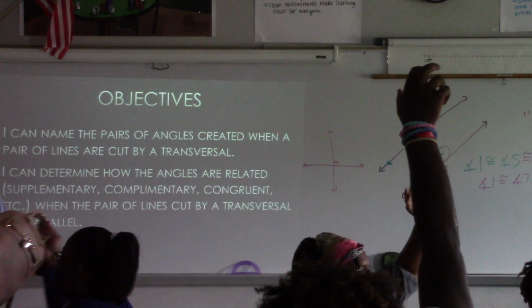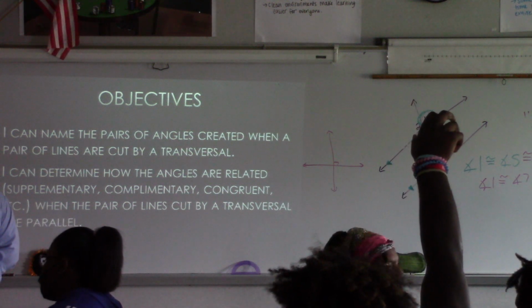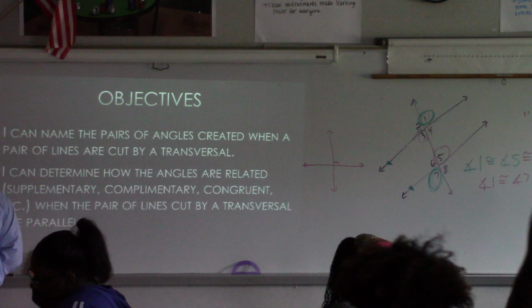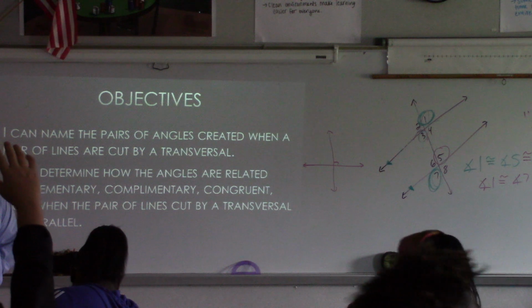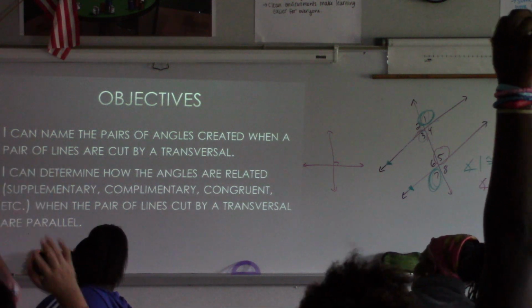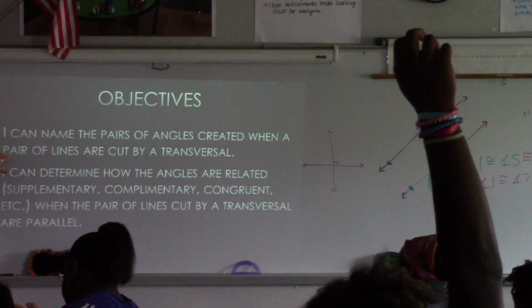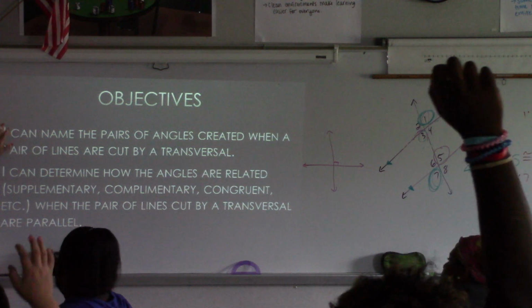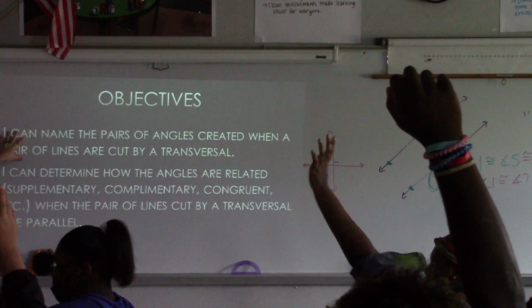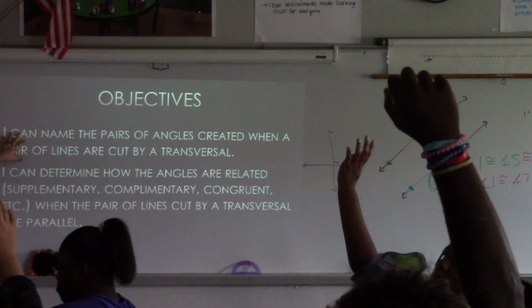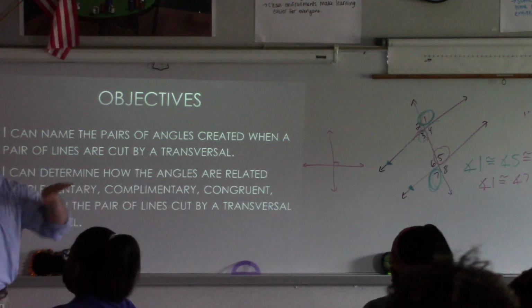So, only 3 of us? Okay, raise your hands if you want those angle relationships on the test. Raise your hands if you want the corresponding angles, consecutive interior, all that stuff on the test. Put your hand up. Alright, majority of us want it. We will have it on the test, okay?